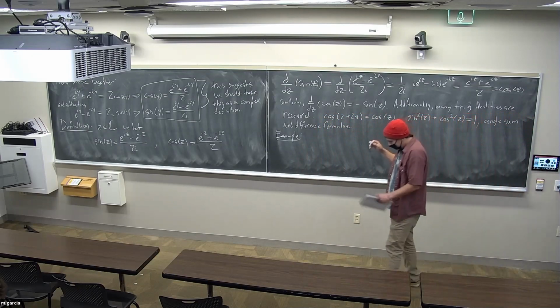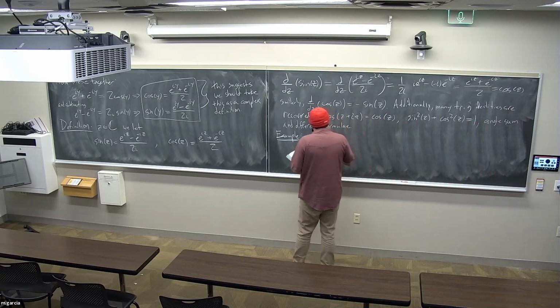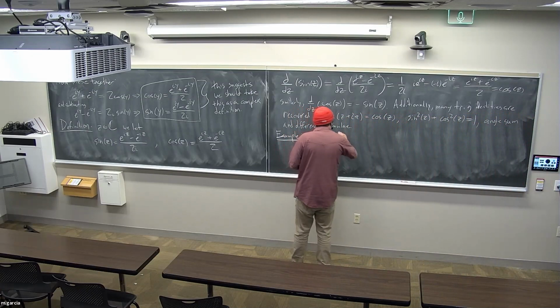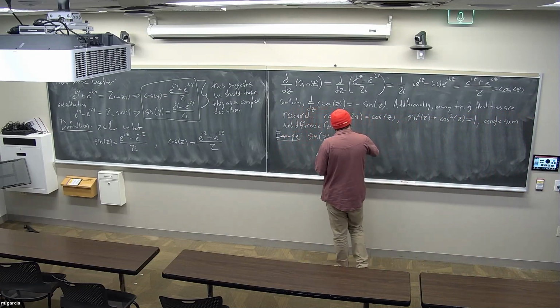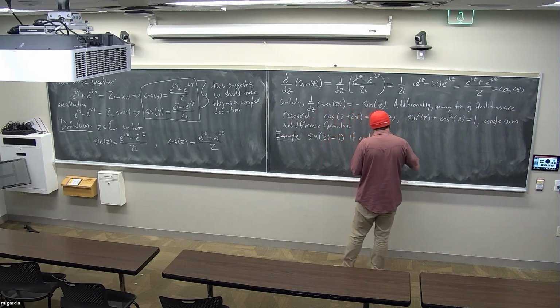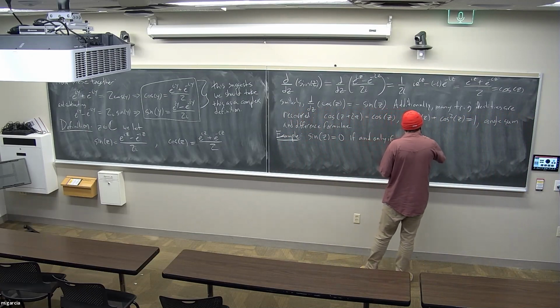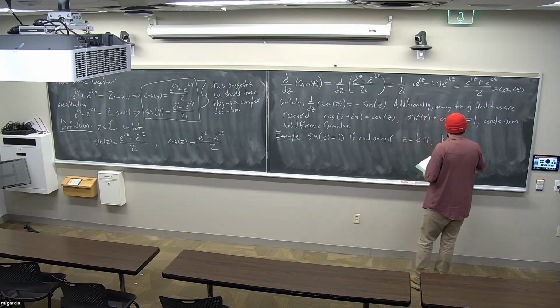But it does hold for sine and cosine. So let me tell you that sine of z is equal to 0 if and only if z is equal to k times pi, for k an integer.